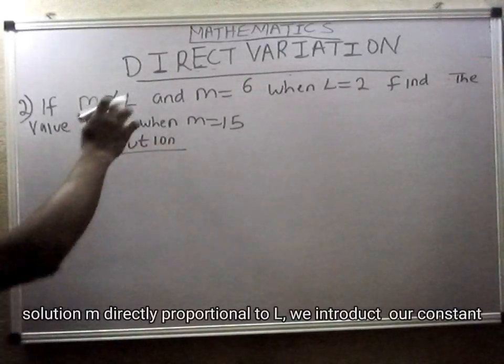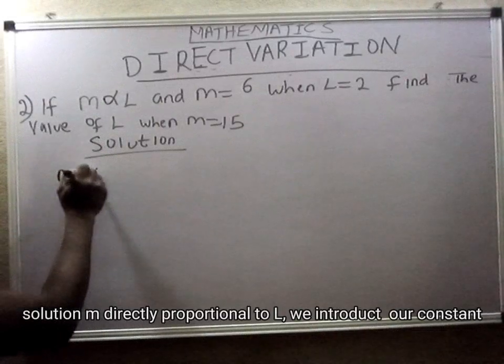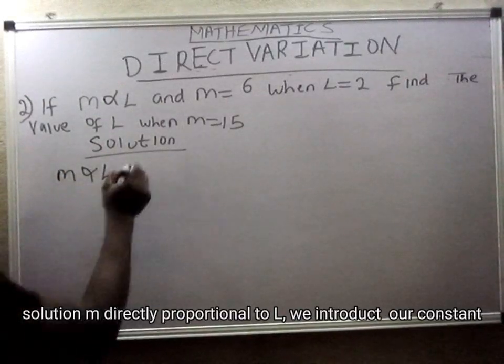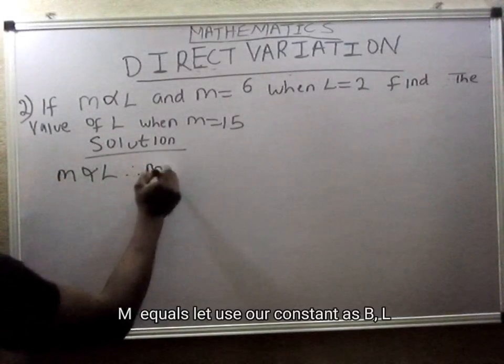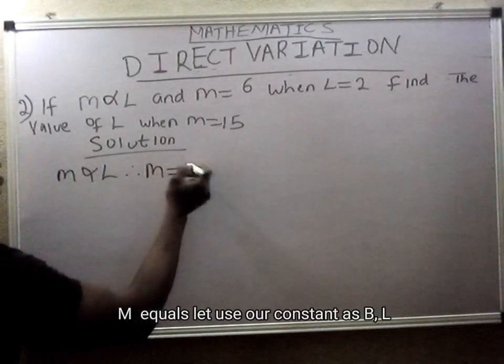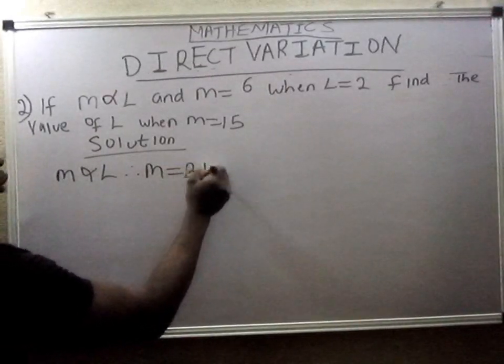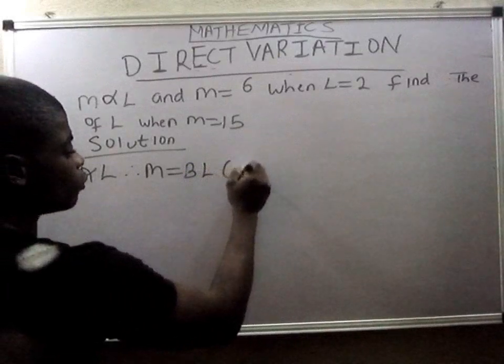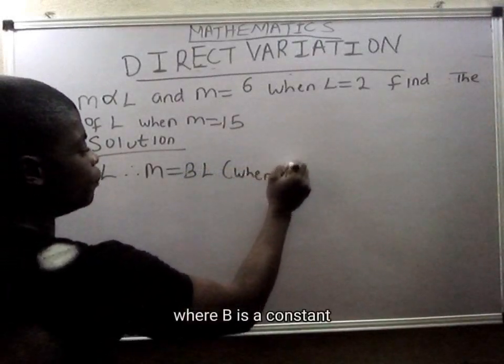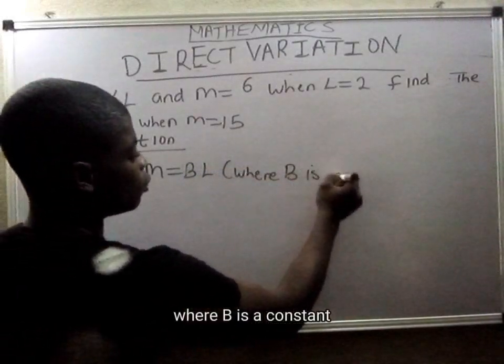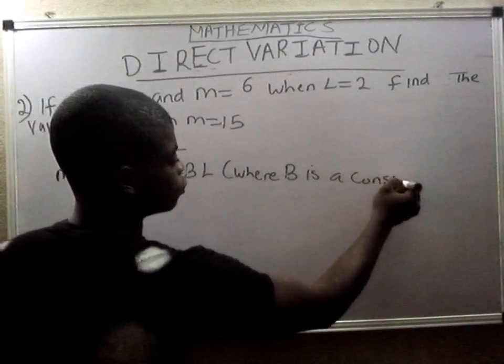So M is proportional to L, we introduce our constant. M equals, let's use the letter B, times L, where B is a constant.